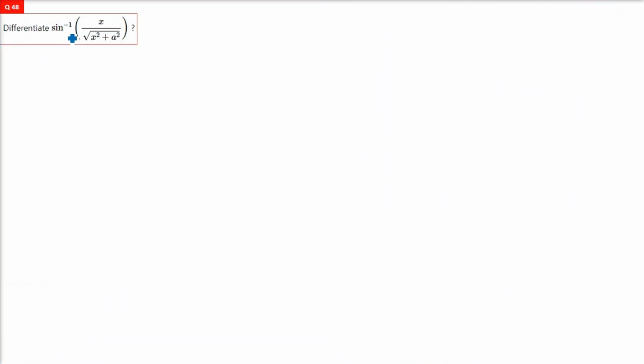This is sine inverse of whatever content is inside. If you just want to have a look at the solution, I'll give it to you. But if you want to learn, then differentiation of sine inverse of something is 1 by under root of 1 minus that thing square. So it will be 1 by under root 1 minus x square by under root x square plus a square, whole square.